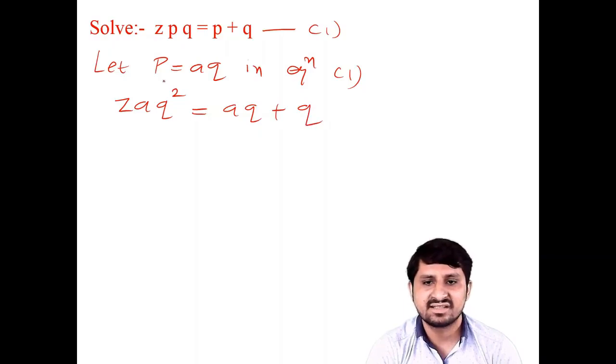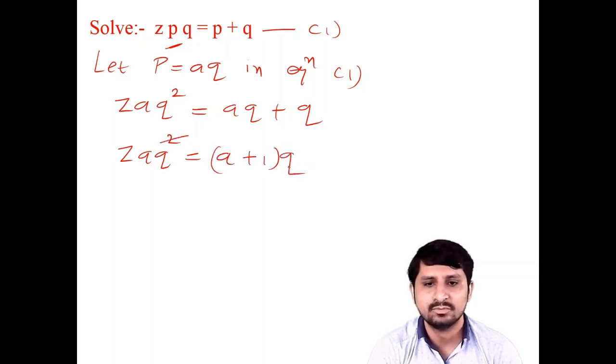We just take p equal to aq in this equation: instead of this p, now we put a into q. So z a into q square is equal to a into q plus q, that is, z a q square is equal to a plus 1 into q.